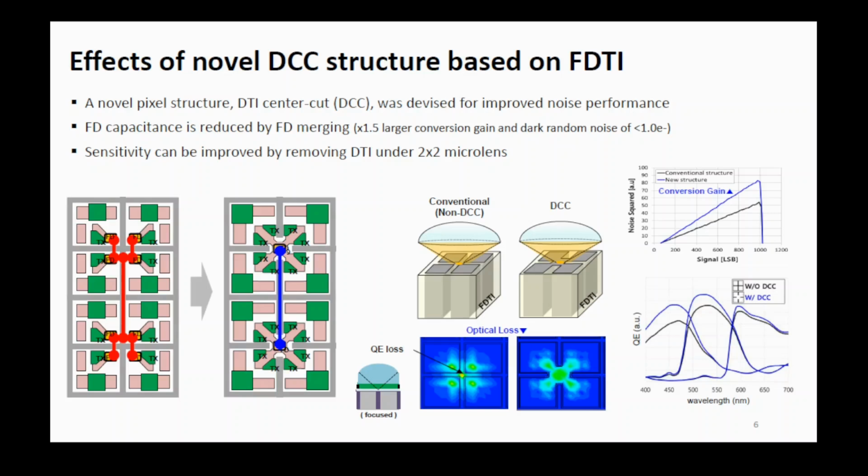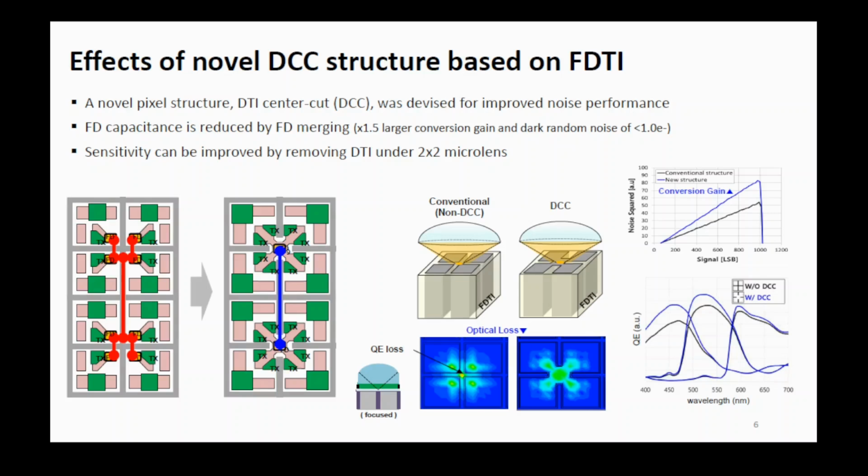This makes the FD capacitance even larger, so it results in a lower conversion gain. And lower conversion gain, as you know, makes the dark random noise larger.